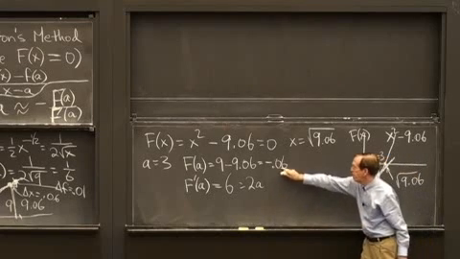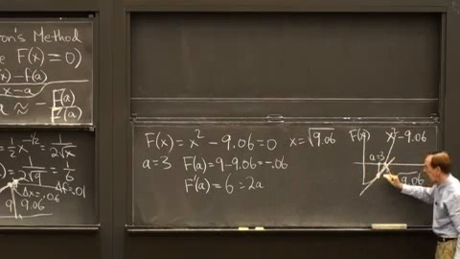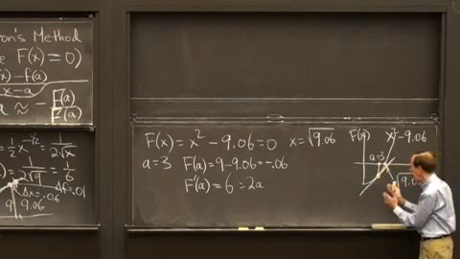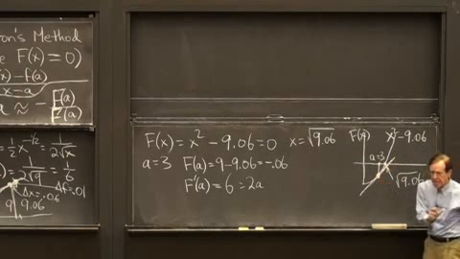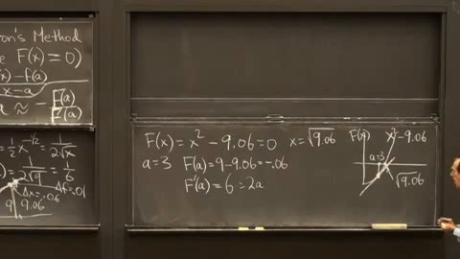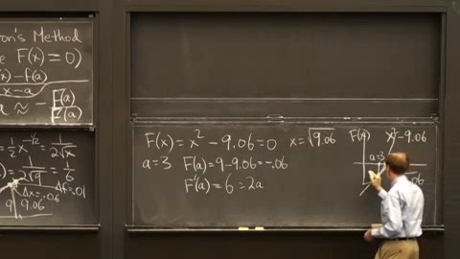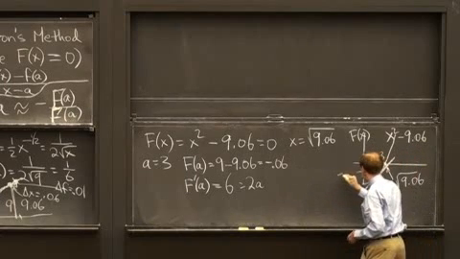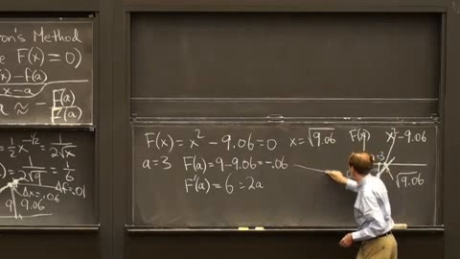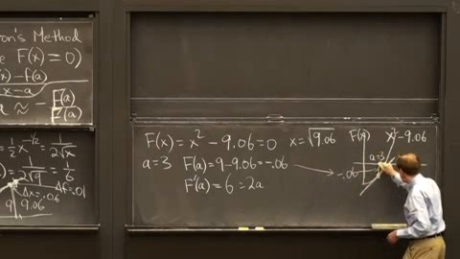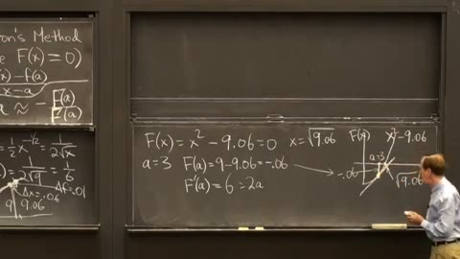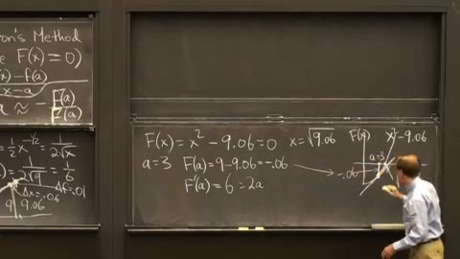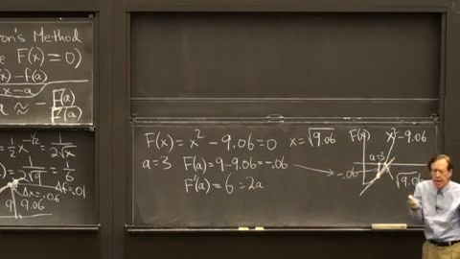It's pretty small, but it's negative. I've blown up this picture here. This f is negative 0.06, the value of f. The slope is 6.